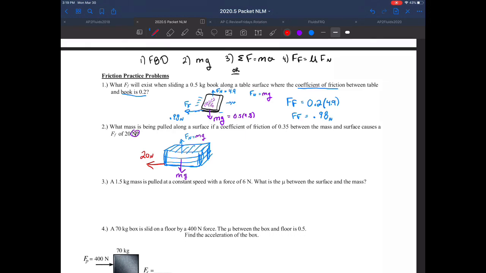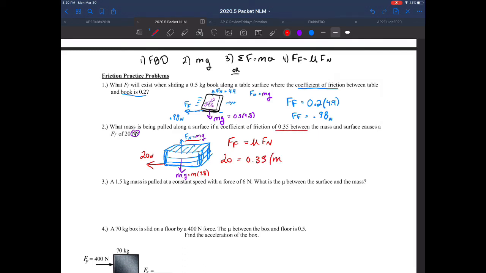Step 2, mg. We can't calculate mg here, but we can say that it's m times 9.8. Step 3, sum of the forces equals ma. Well, we don't really have an a or anything like that. We already applied that up here, so that's good to go. Now, last step, friction force is mu times the normal force. Okay, so 20 equals 0.35, mu the coefficient of friction, times the normal.